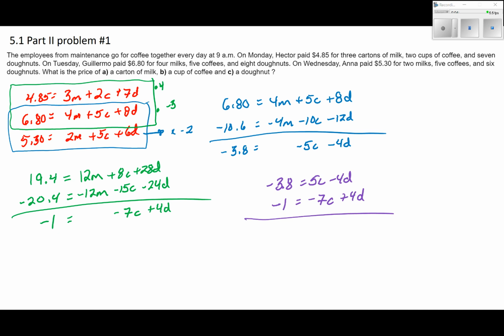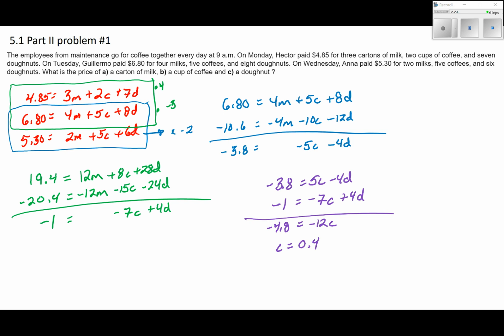So I'm going to add to eliminate. And so this becomes -4.8 equals now -12C. My D's are eliminated. So then I can say C is going to be equal to 0.4. So now I have one variable already solved for. C is 0.4. So now let's go back.